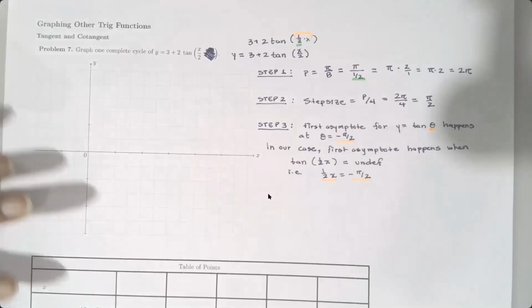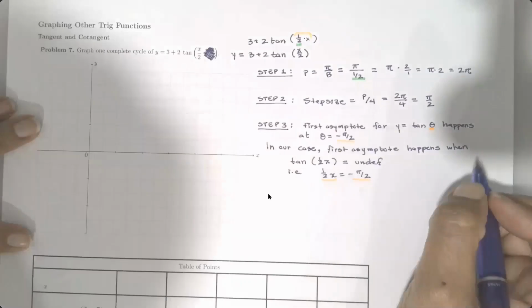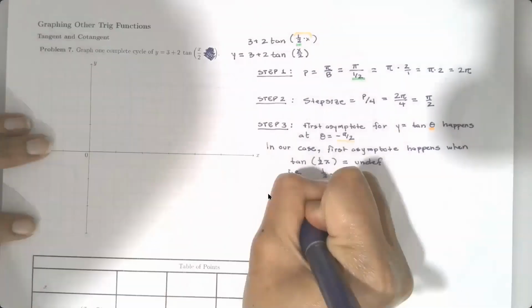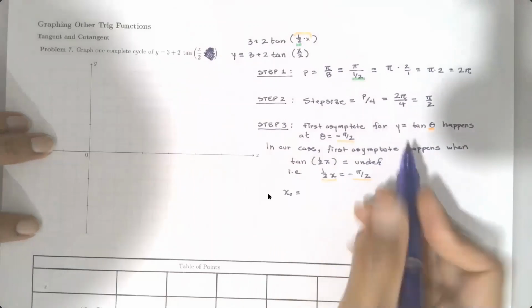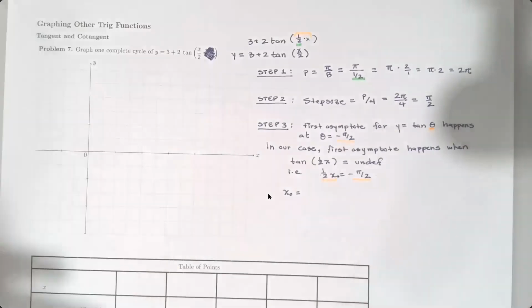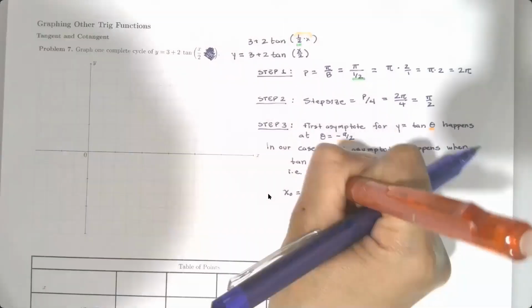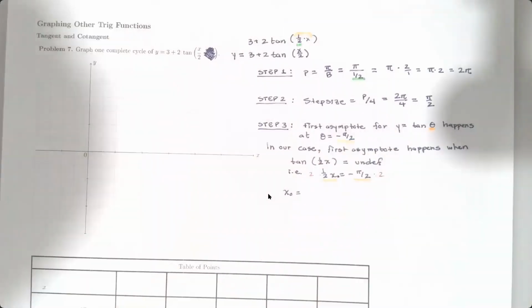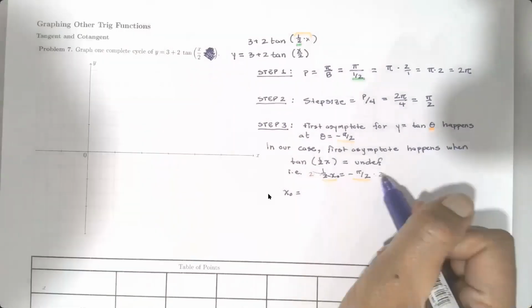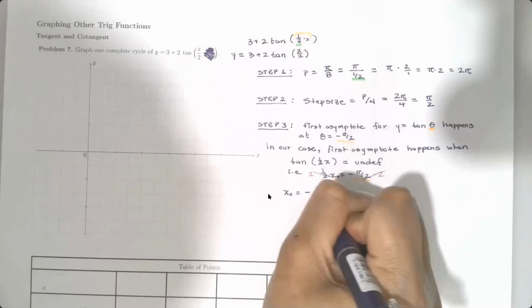So that means that for the process, the first x value, x0, is going to be given by this equation. And that means multiply both sides by 2 to isolate the x. These cancel out, and we end up with negative pi.